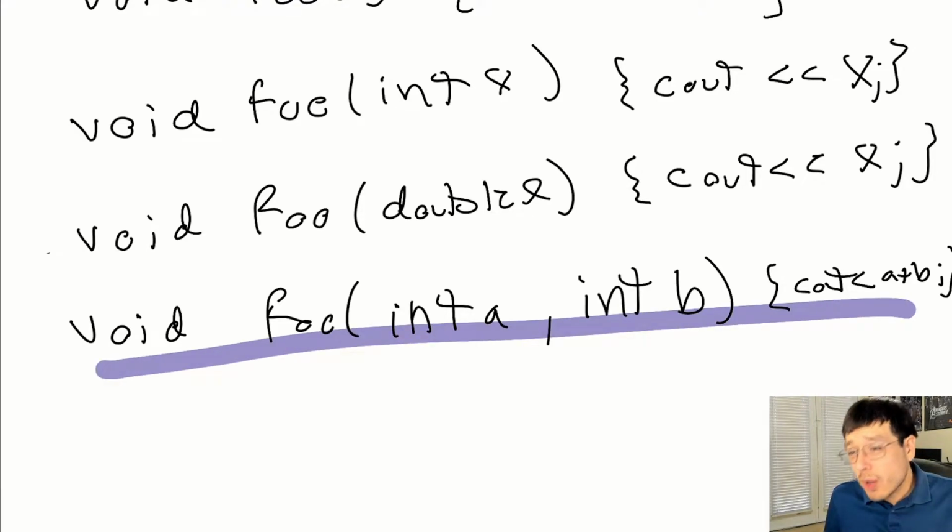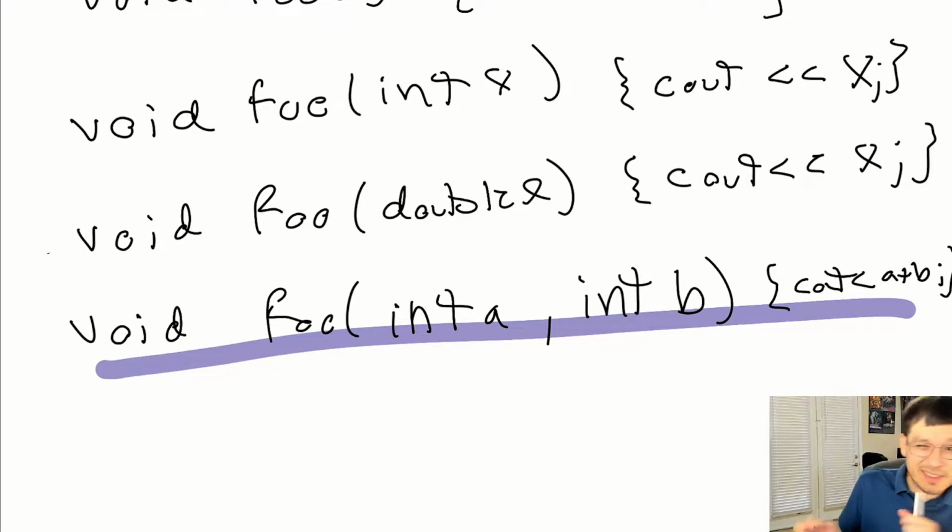If you feed it floats, it'll work, but you're going to lose accuracy if the floats actually have decimals at the end of the number, not whole numbers. So you would have to write a float function, right? But ideally, you probably want to do a double function so the float gets casted to a double, but even that's kind of risky and not ideal. You could do that and be okay with it.